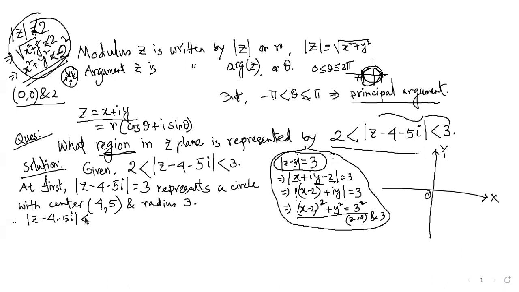If we apply less than 3, you said that this is a point inside the circle. This is also inside. This is also a region. It represents a region interior of the circle.